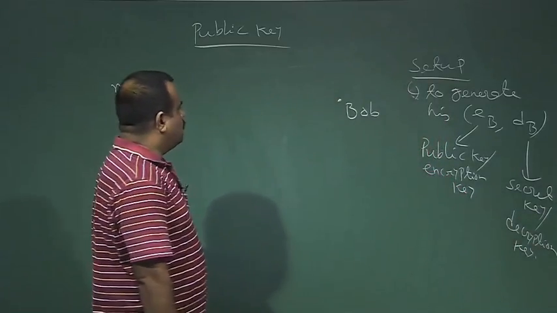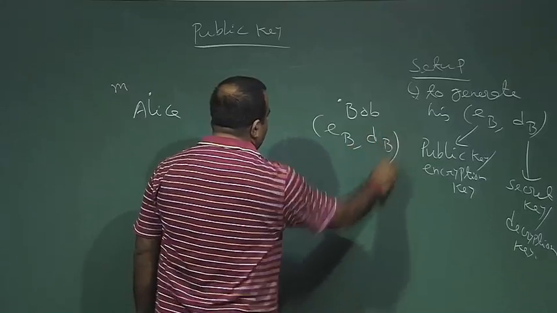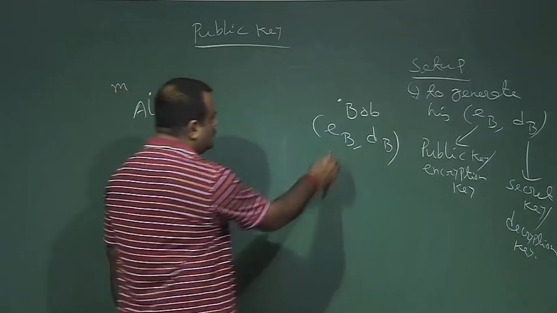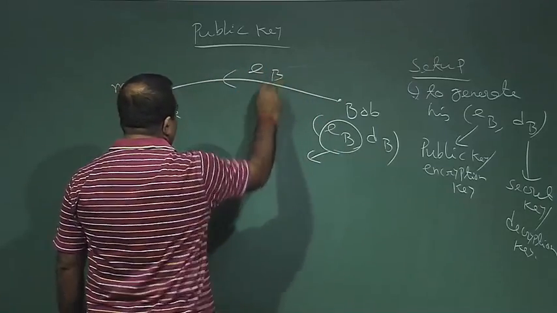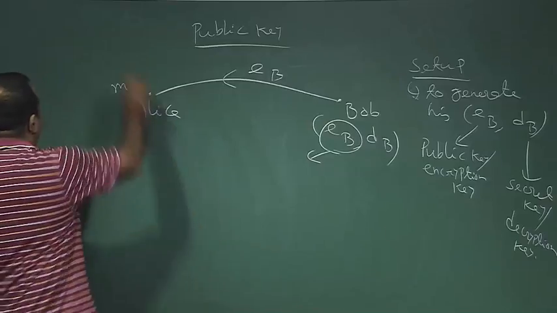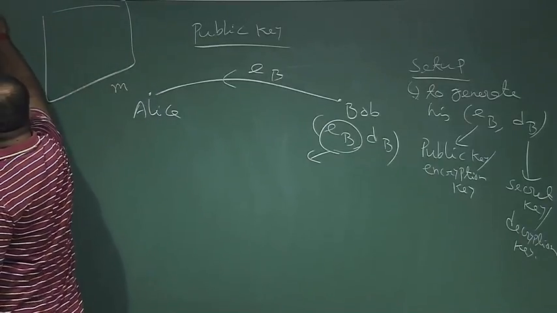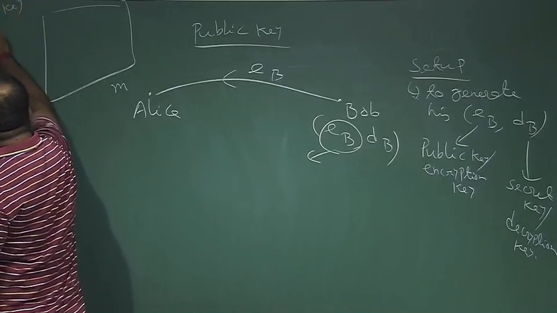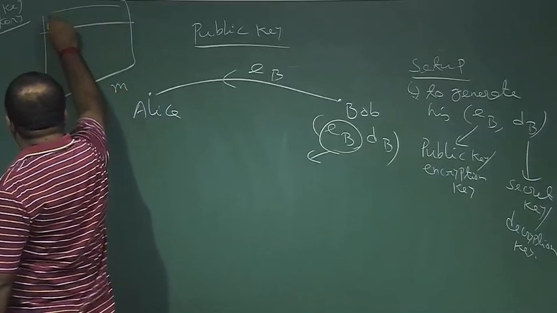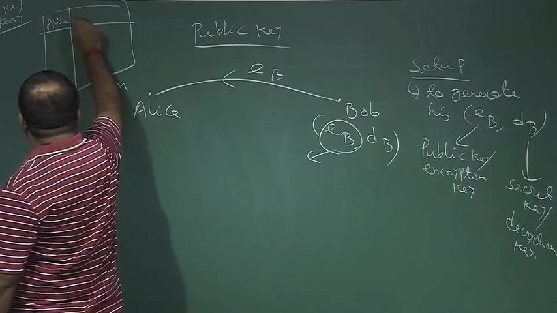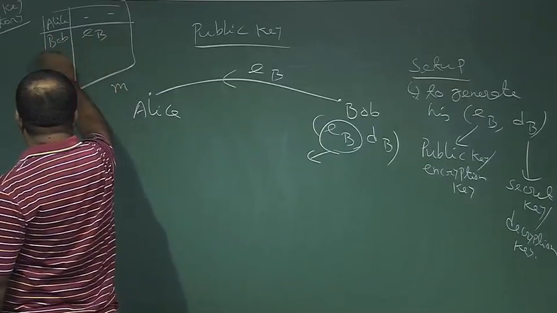So, at the setup phase, Bob has to generate this pair of keys, and then Bob has to make the public key public. Bob can send this public key over the public channel to Alice, or if there is a public key directory, then Bob can store the public key there.